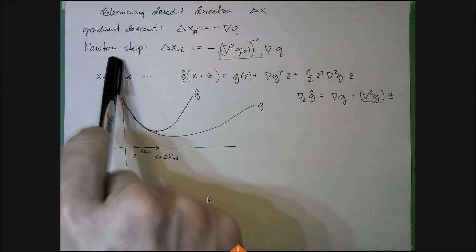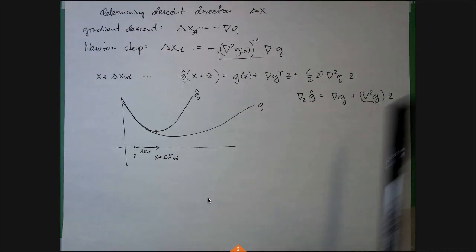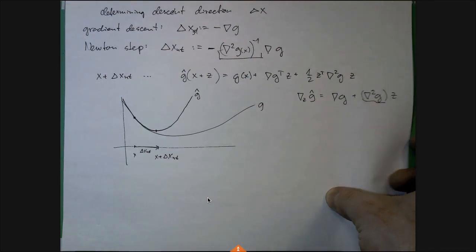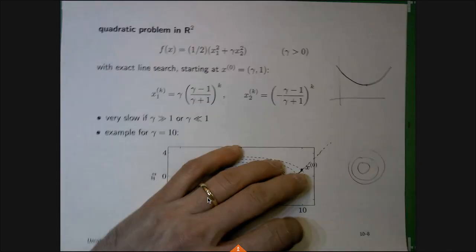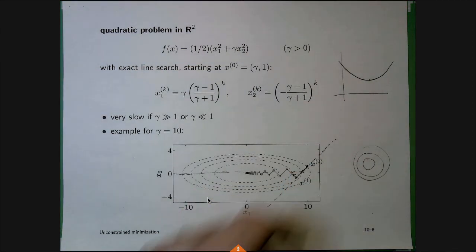You can read that in Boyd if you're interested. The point is, guess how this works on this example. If you run Newton's method on this case, from the same initial guess, the same problem, do you know what Newton will do? How many iterations will Newton take?